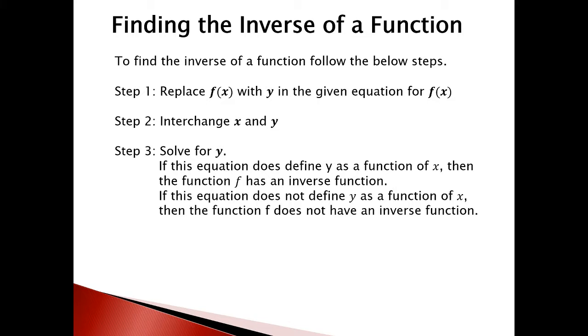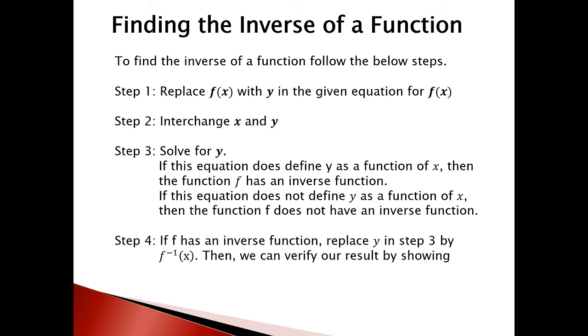If it does not define y as a function of x, then f does not have an inverse function. Step 5, if f has an inverse function, replace y in step 3 by f inverse of x, and then we can verify our result by showing f of f inverse of x equals x and f inverse of f of x equals x.